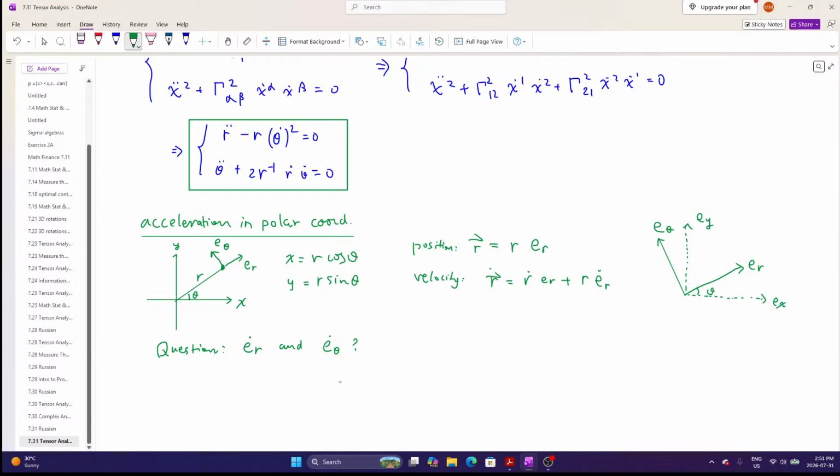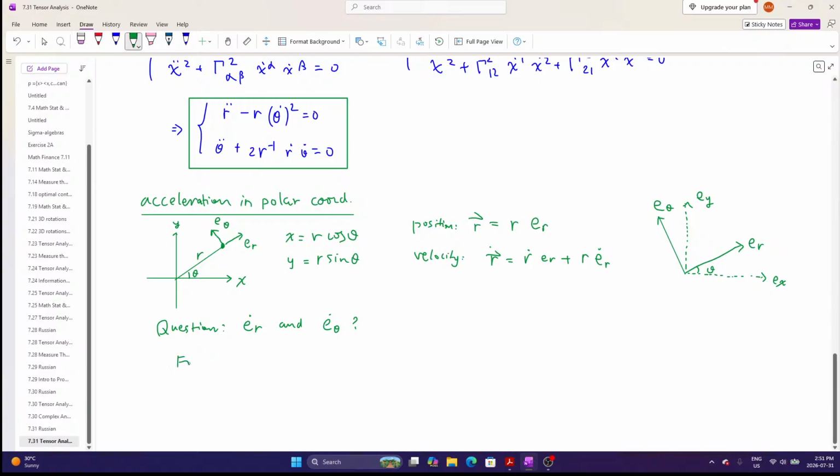So from the geometry, you can see, just do vector decomposition: e_r equals cosine theta times e_x plus sine theta times e_y. And what about e_theta? From the picture, there's a minus component: minus sine theta e_x plus cosine theta e_y.